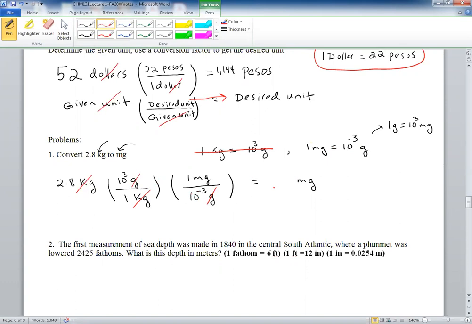Now you have to do this in your calculator. If you have a graphing calculator, we're not going to focus so much on how to do the math because that is expected at this point.